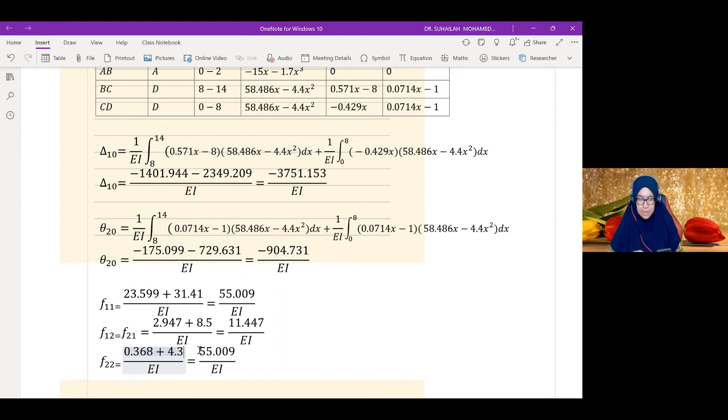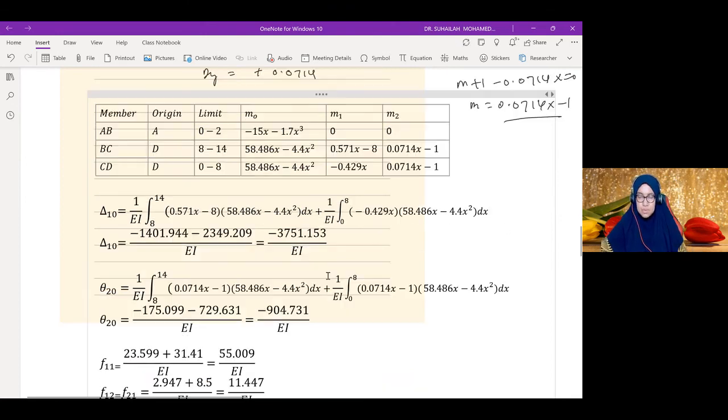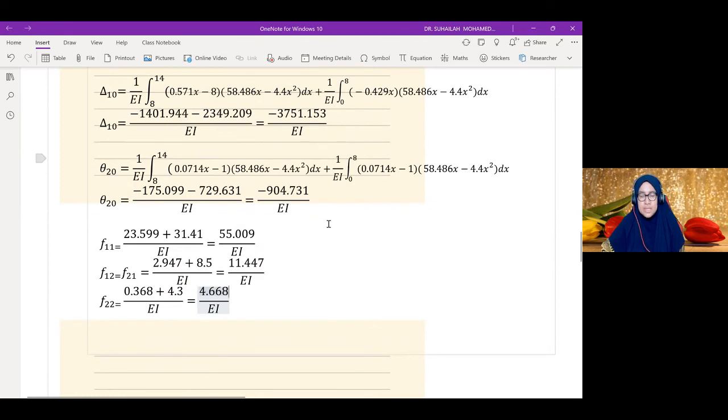So we add 0.368 and we get 4.668. Okay, so these are all the 6 displacement.